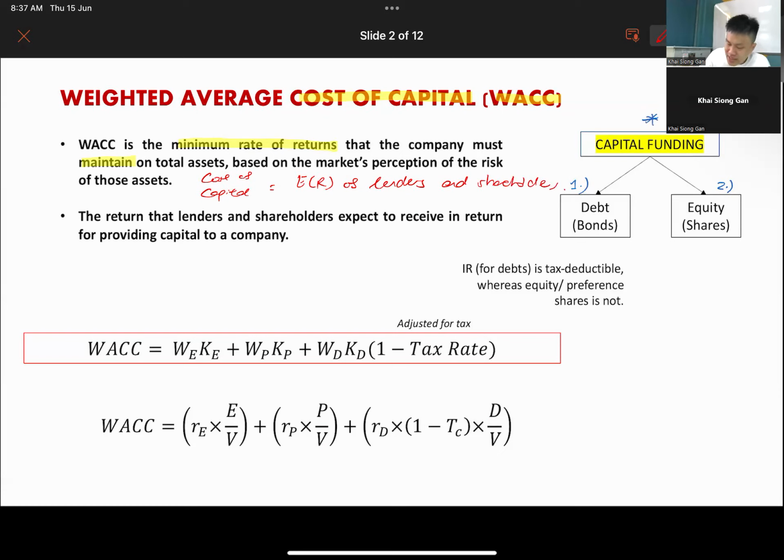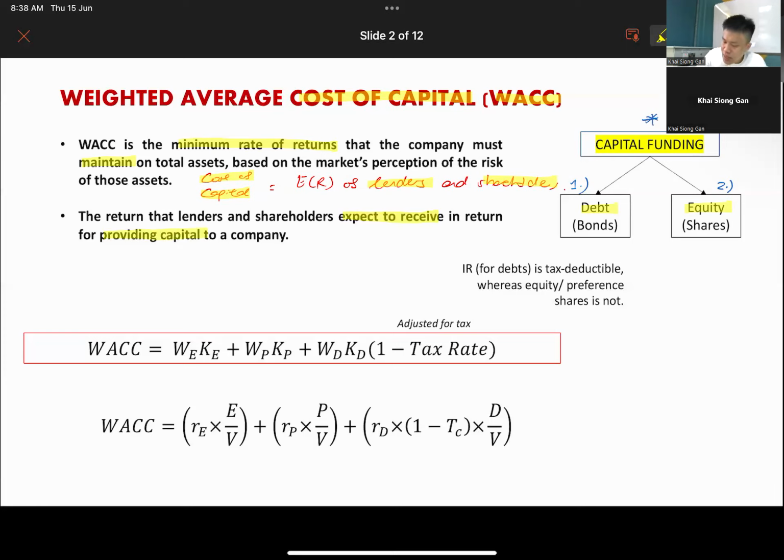Once they give the business money to invest, they will expect returns. So what these two groups expect is the cost of capital that the business must maintain. Lenders are the people who buy the bonds, and the shareholders are the people who buy the shares. So these are the returns that lenders and shareholders expect to receive in return for providing capital to the company.